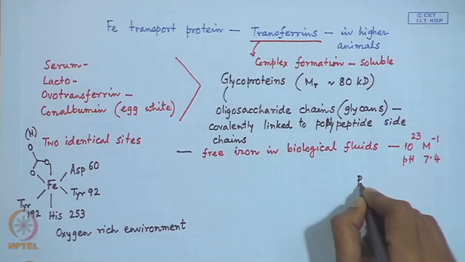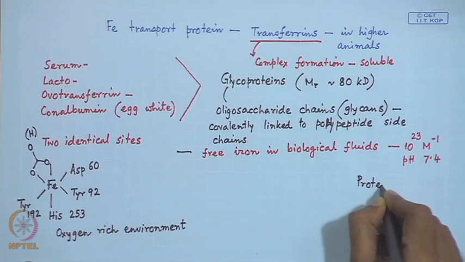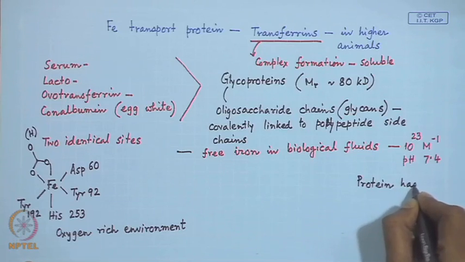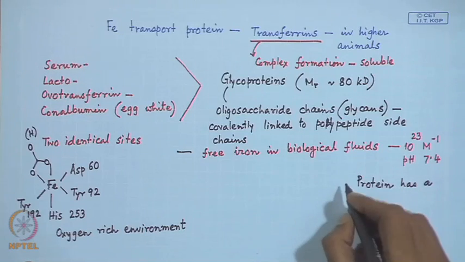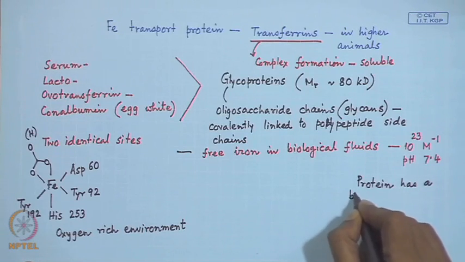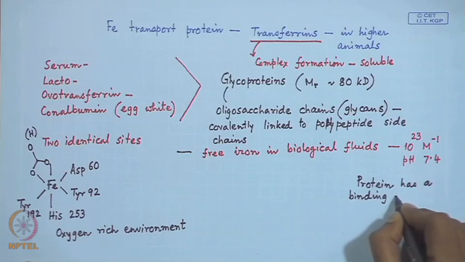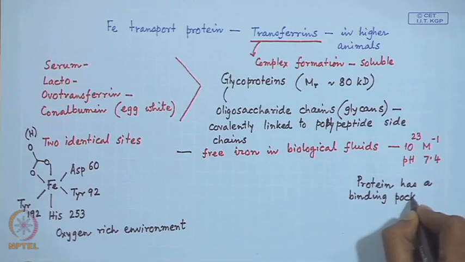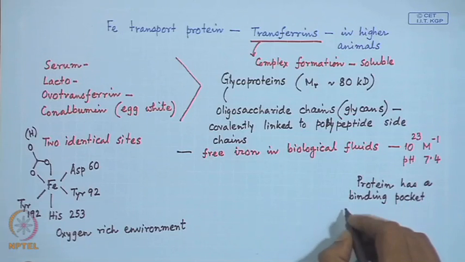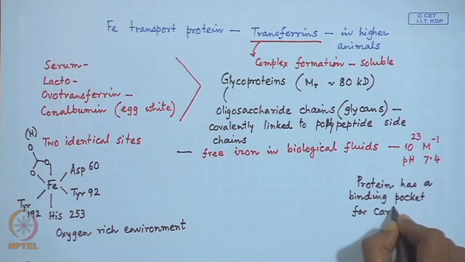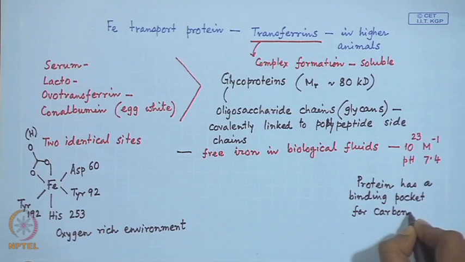So, this carbonate anion has some other pocket, which is by the protein itself. So, the entire protein molecule has a binding pocket for carbonate. How?